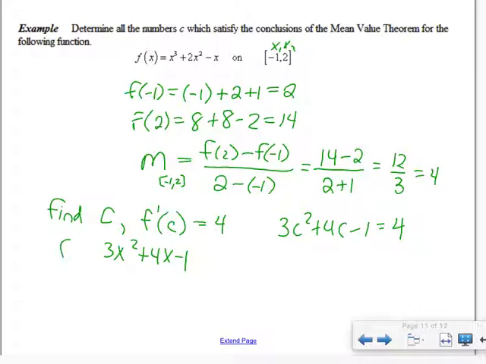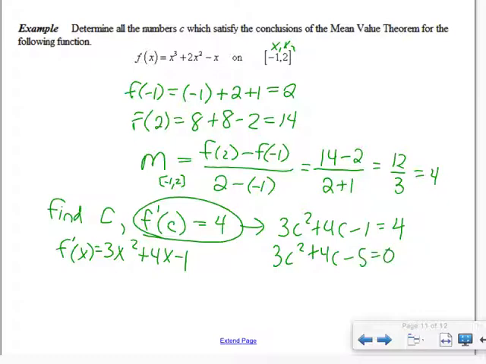This is our first derivative. So we're looking at where it equals 4. Well, it's just a matter of solving now. Move the 4 over. You get 3c squared plus 4c minus 5 equals 0. You can slide and divide if possible. This is not a factorable quantity, so we're going to jump to the quadratic formula.